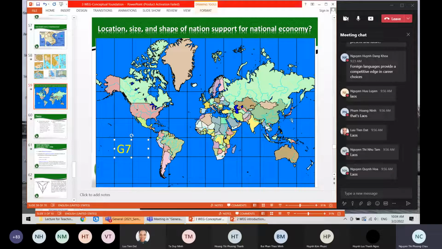Is there any relation to absolute location, the geographical characteristics of these nations, that supports their strong economy, especially the United States? Do you have any thoughts about why the United States has always been in first rank of the strongest economies in the world for many decades?